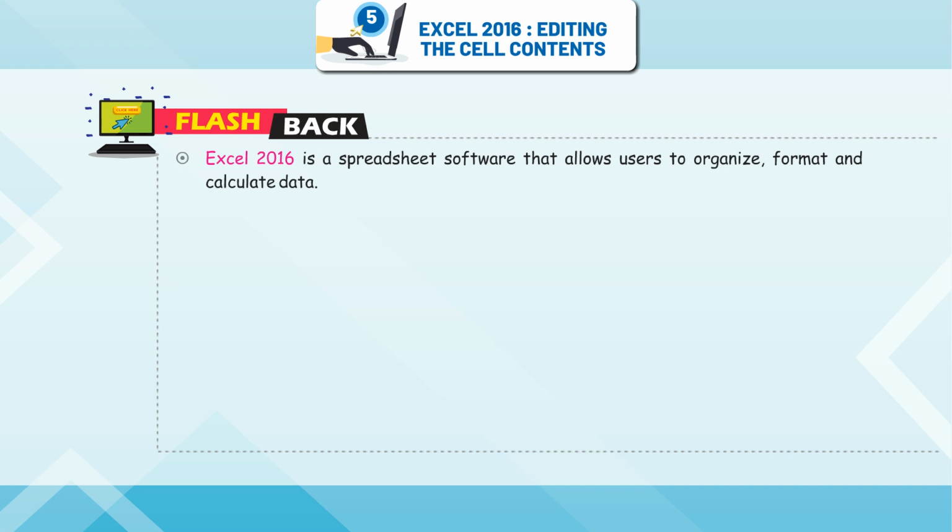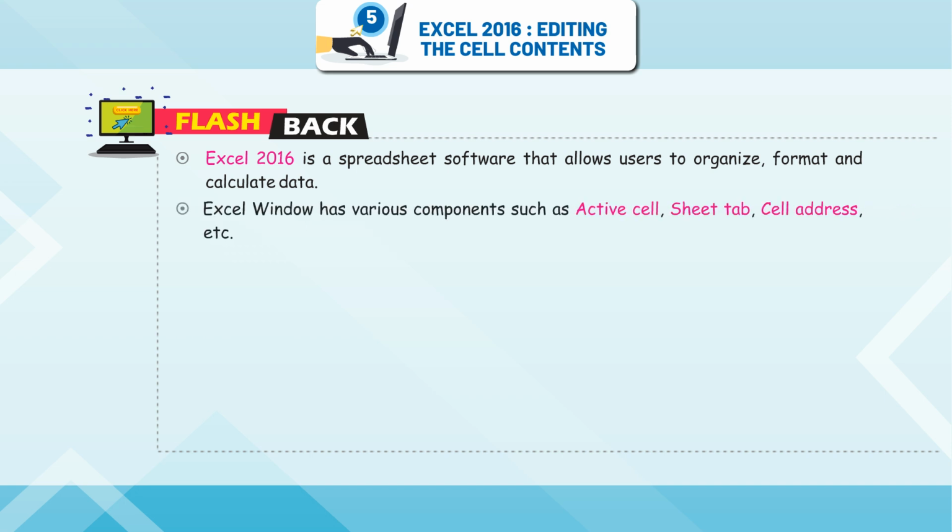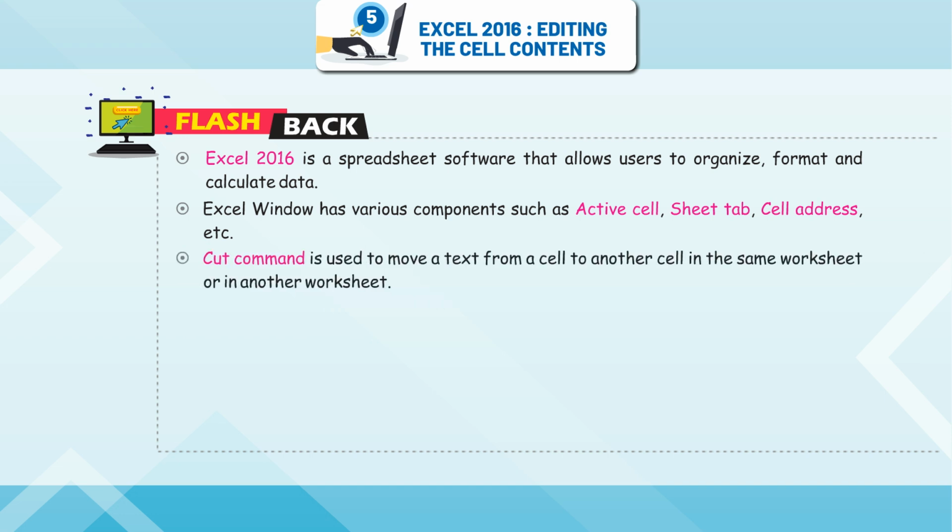Flashback. Excel 2016 is a spreadsheet software that allows users to organize, format, and calculate data. Excel window has various components such as active cell, sheet tab, cell address, etc. Cut command is used to move a text from a cell to another cell in the same worksheet or in another worksheet.